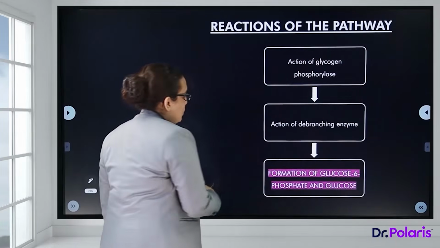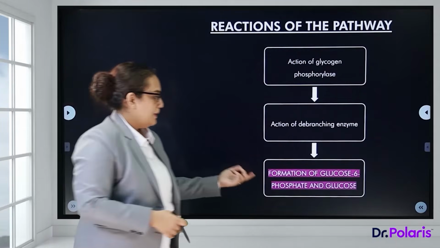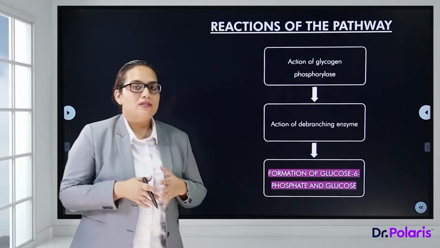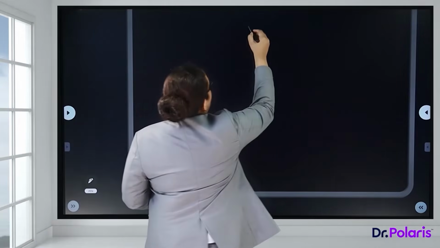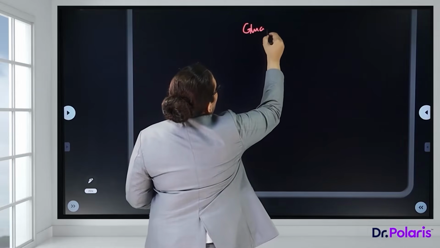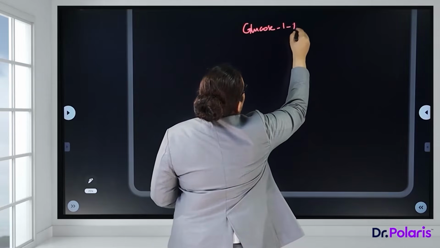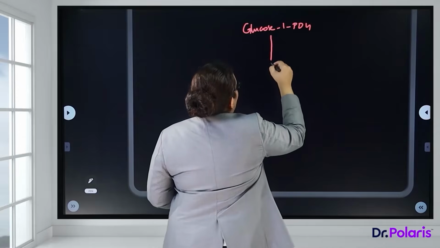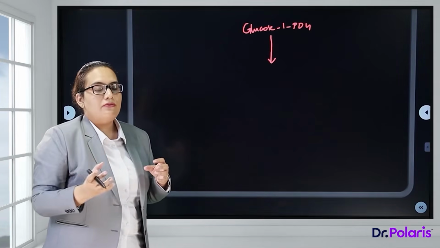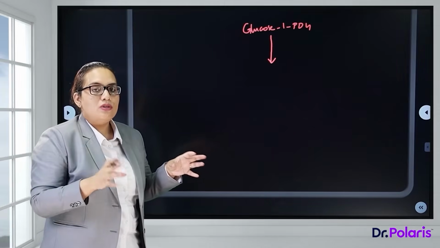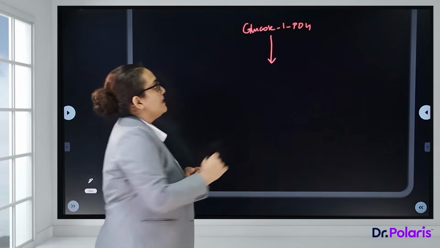Now what happens to this glucose 1-phosphate? That is explained by the last step, that is formation of glucose 6-phosphate and glucose. So we are left with a lot of glucose 1-phosphate that is formed with the help of glycogen phosphorylase. So I'll just write this down here. Glucose 1-phosphate undergoes an isomerization step where the phosphate from the first position of glucose is shifted to the 6th position.